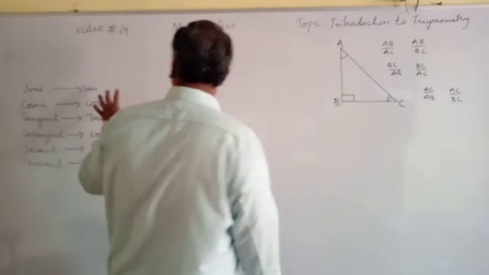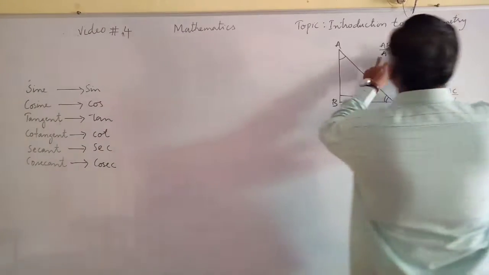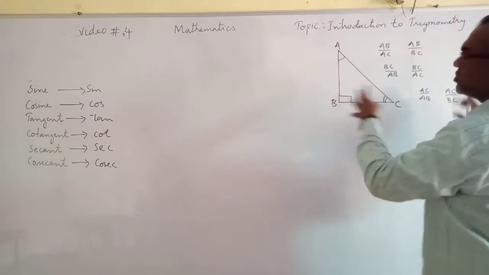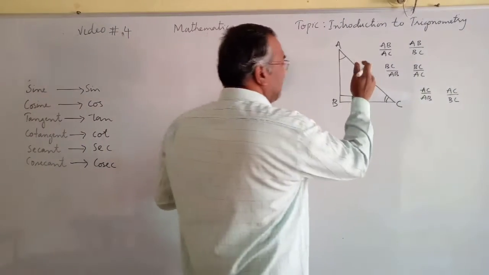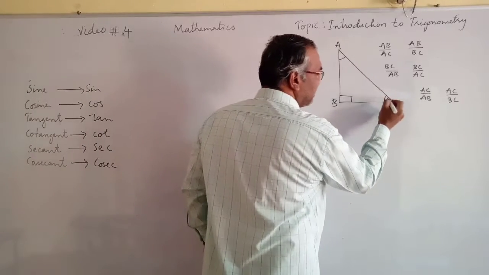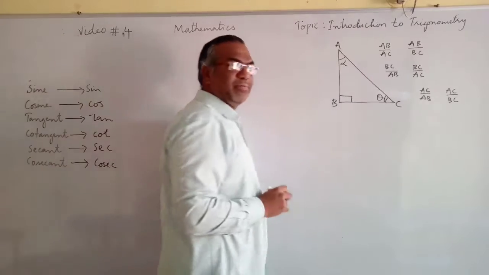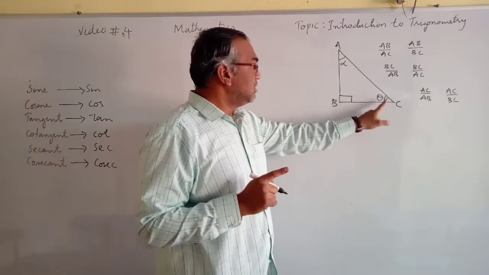Now, let's see the definitions of these trigonometric ratios. Which ratio is sine, which ratio is cos, which ratio is tan? Imagine we have here at C angle theta and here at A we have angle alpha. Angle B is 90 degrees, a right angle.